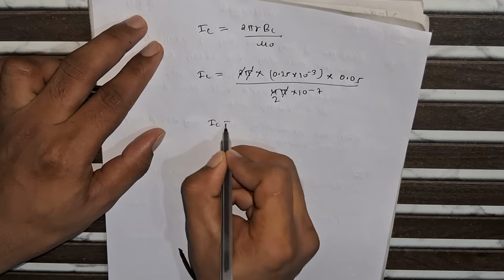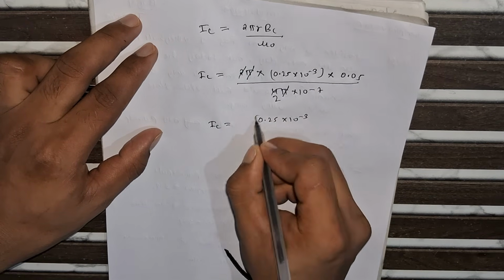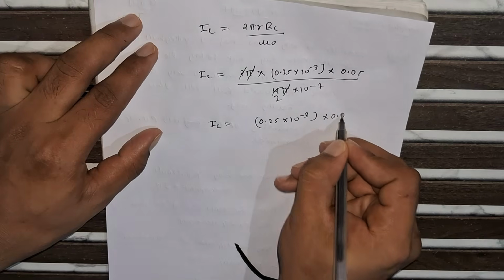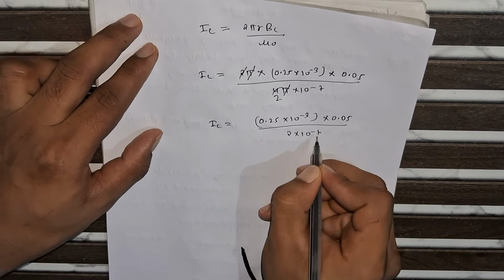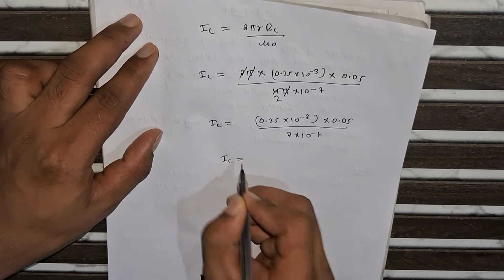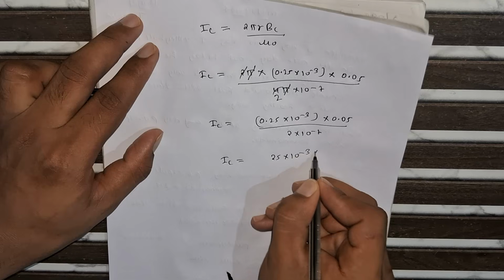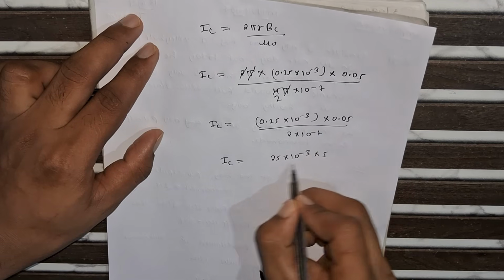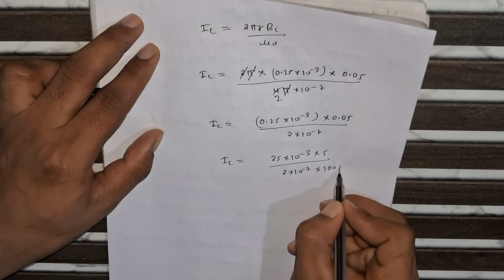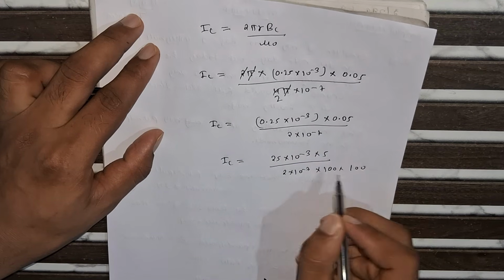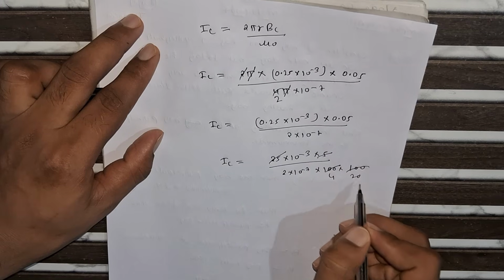So Ic equals 0.25 into 10 to the power minus 3 into 0.05 divided by 2 into 10 to the power minus 7. So now Ic equals, when you remove the decimal, this becomes 25 into 10 to the power minus 3 into, when you remove the decimal, it becomes 5 into 2 into 10 to the power minus 7 into 100 into 100. So this is 4 times and this is again 2 times.